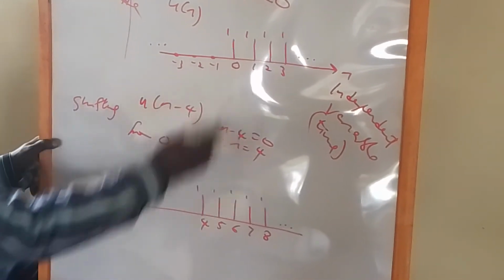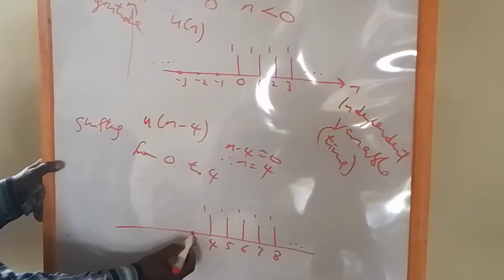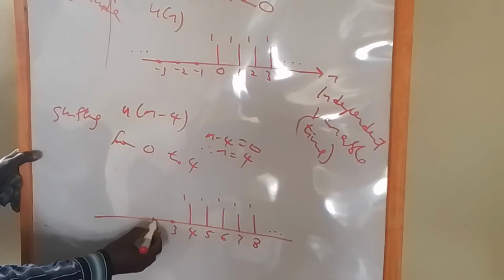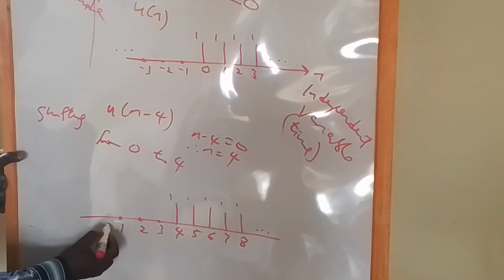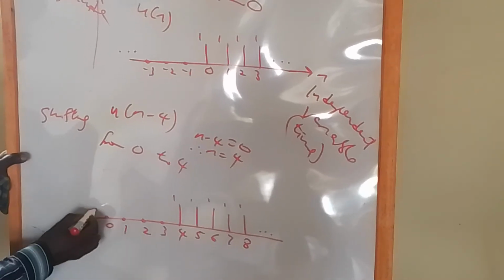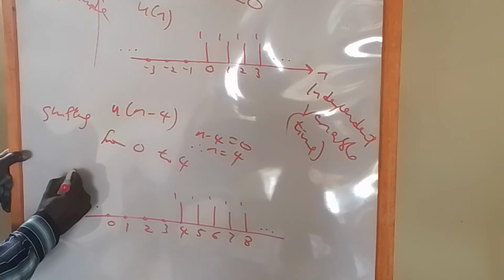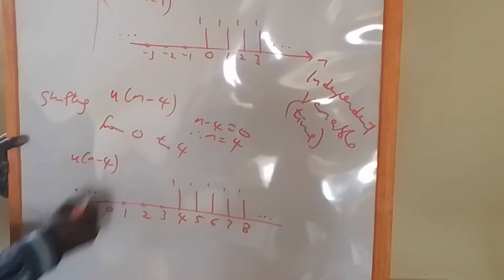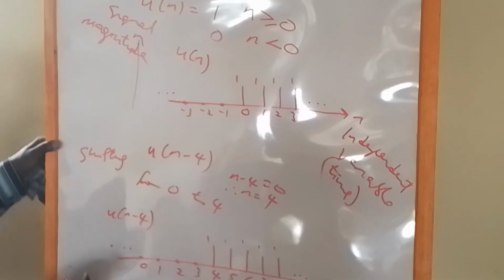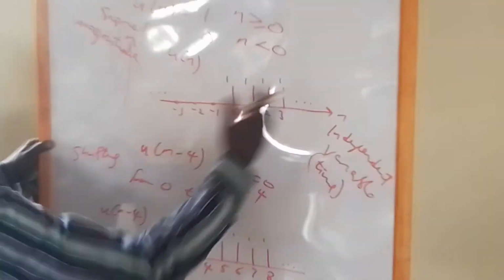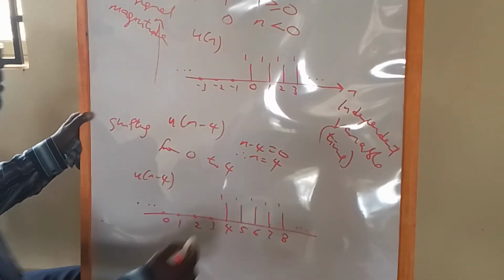You know that 0 has shifted to 4. -1 will shift to 3, -2 will shift to 2, -3 will shift to 1, and 0 will be here now. This trend will continue like this. This is u[n-4]. If you compare it with u[n], you will see a shifting. It's like the sample shifted to the right. n equals 4.